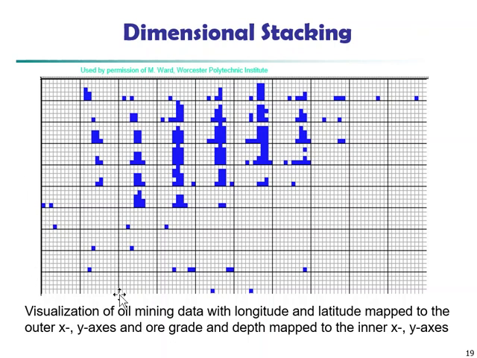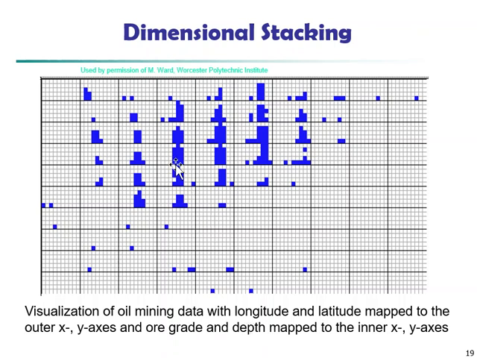So the outer x and y axes represent the longitude and latitude of a certain site, and the inner ones represent the ore grade and the depth where the minerals and the oils are found.